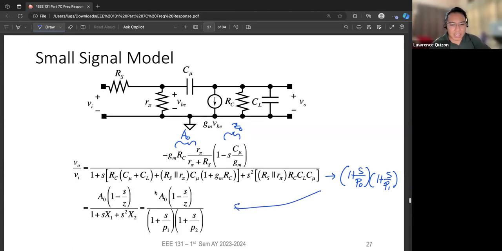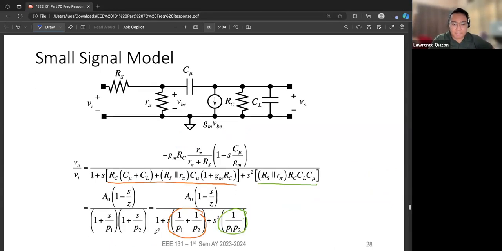So we have an A0, that's that one, times one minus S over Z, then one over one plus S over P1 and one over one plus S over P2. So this is a factorization. What we do here instead, because this is a difficult factorization, is that we'd have to use the quadratic formula with a lot of these.